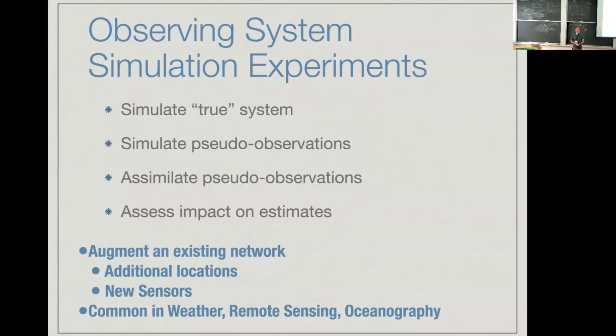They propose different engineering specs on a sensor and ask how that would affect our ability to improve our weather forecast. If I design the sensor a different way, does that improve things? Does that give us more or less information?